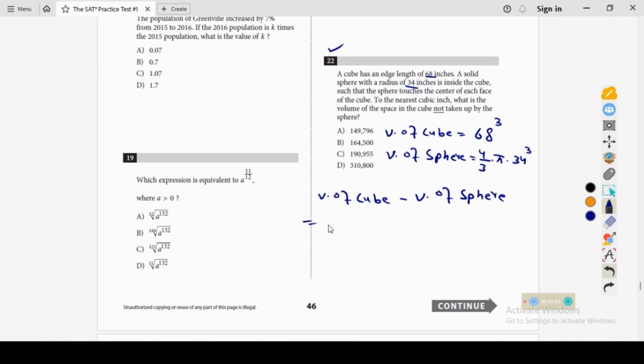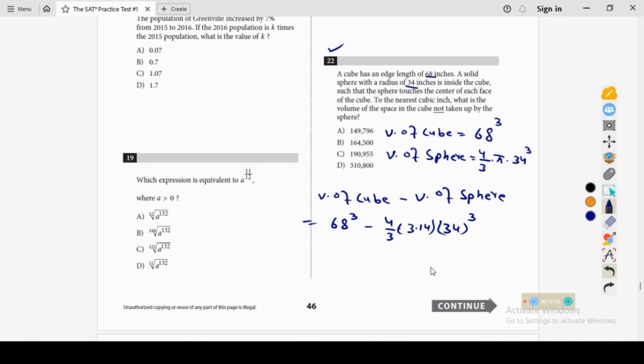It becomes 68 raised to the power 3 minus 4 by 3, and I can write the value of pi as 3.14, times 34 whole raised to the power 3.